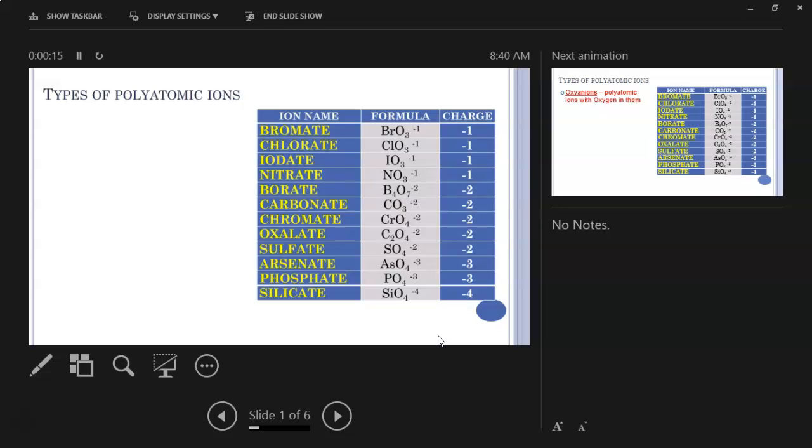Okay, so first of all, these polyatomic ions I have listed, find them on your list and highlight them. There's I think 12 of them. Notice they all end in ATE.